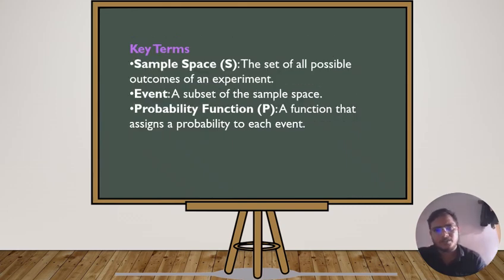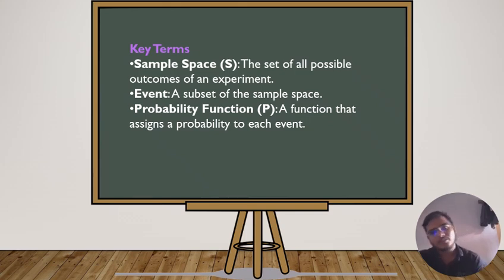Sample space: if we do an experiment like throwing a die or tossing a coin, the total number of possible outcomes present in a set is known as the sample space, the set of all possible outcomes of an experiment. Event: an event A is a subset of the sample space.